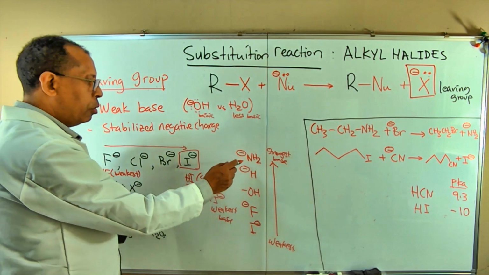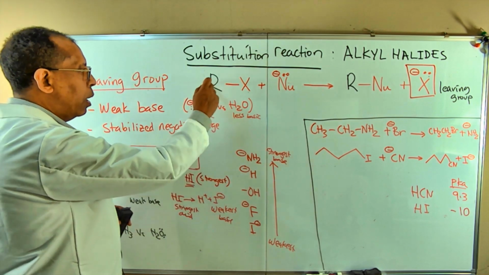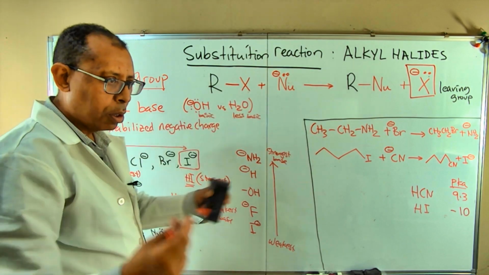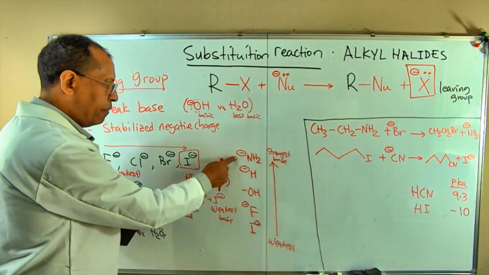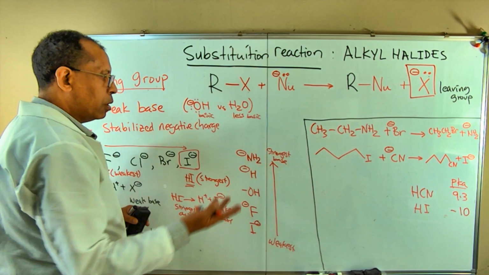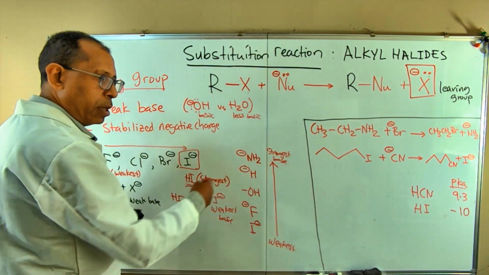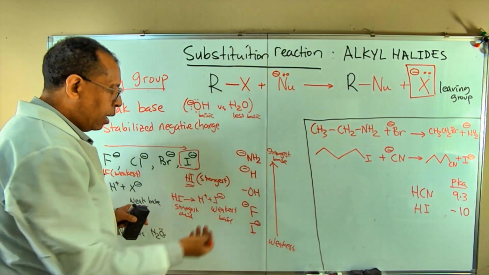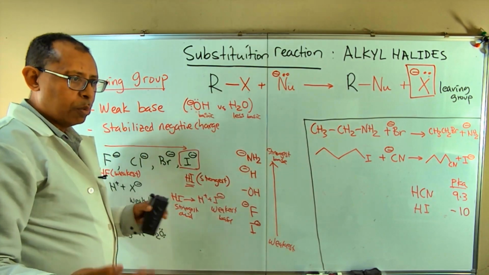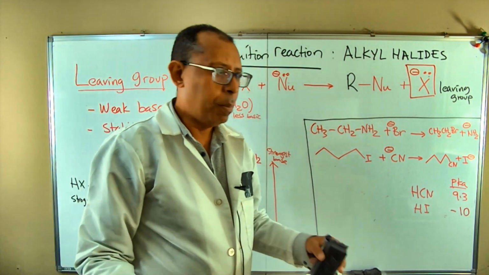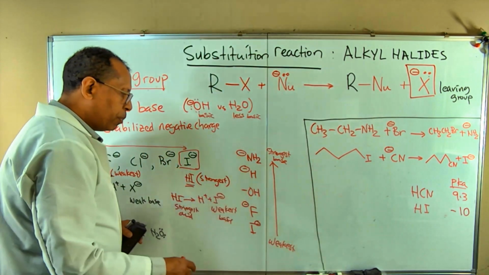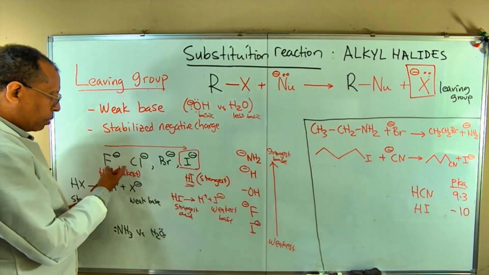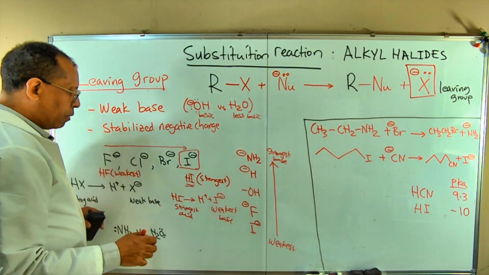So you don't expect amide, NH2 minus, to be replaced by a nucleophile because it's a very strong base. That's not a good leaving group. Hydride is not something you can replace with a nucleophile. Hydroxide is not something you would recommend as a leaving group. Fluoride, if we compare them within this series, is also not a good leaving group.